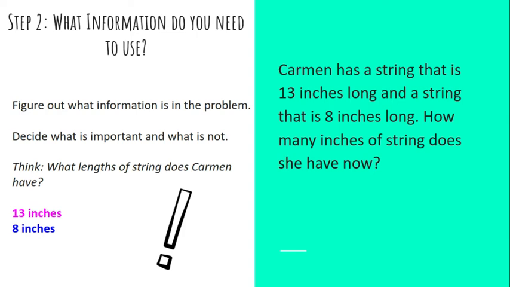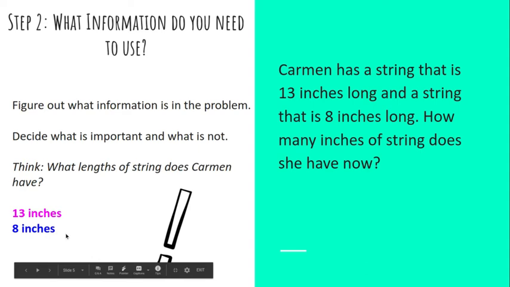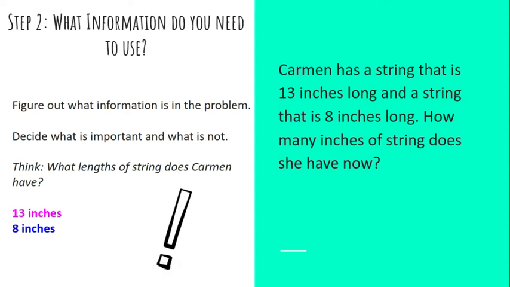I could think about the object as something different and it wouldn't change the problem. I have to think, what lengths of string does Carmen have? This is what's important. I know that she has one that's 13 inches and another that's 8 inches. These two pieces of information, these two lengths, are the most important parts of my problem.